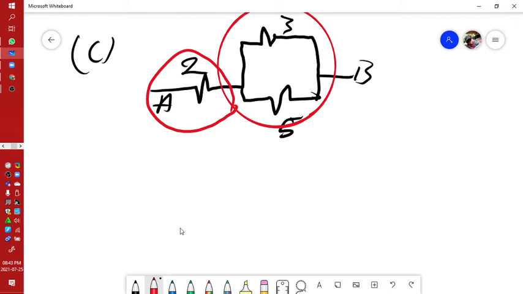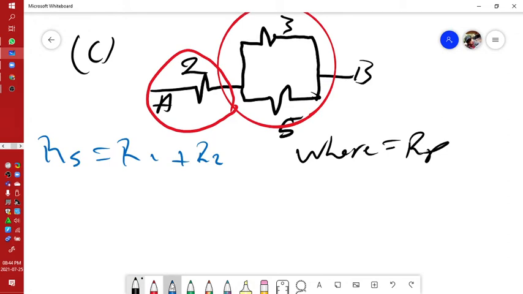So what are you saying? 3 and 5 in parallel. Yes. Okay, as you said, 3 and 5 in parallel. So we can also rewrite as R1 plus, let's say this is your 2, this is your 3, R2 and your R3.